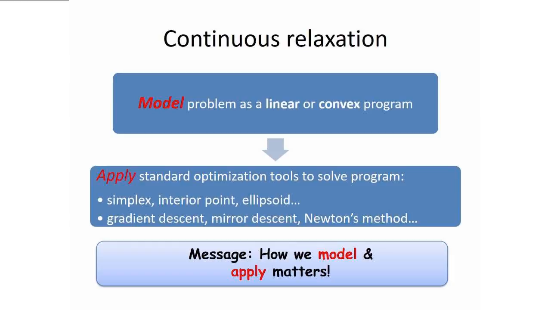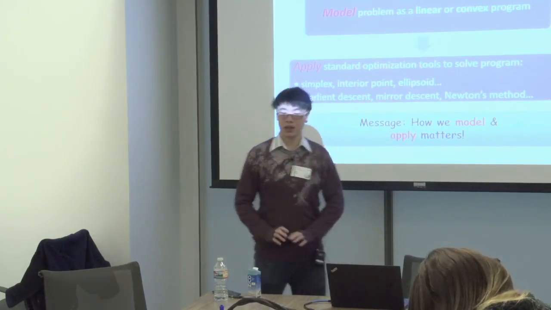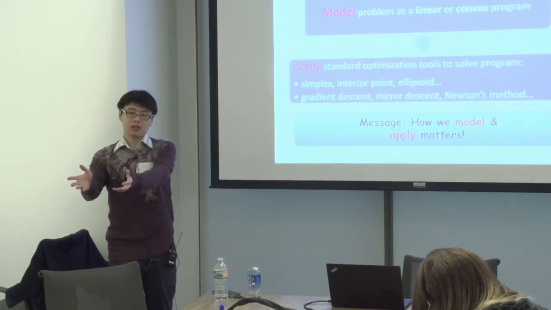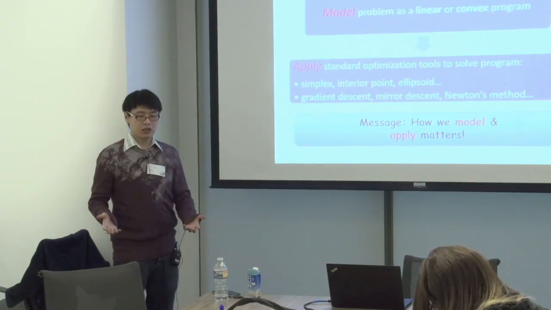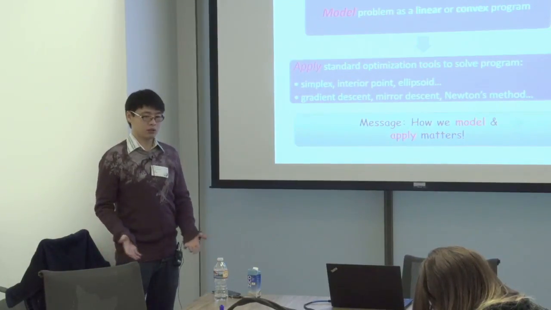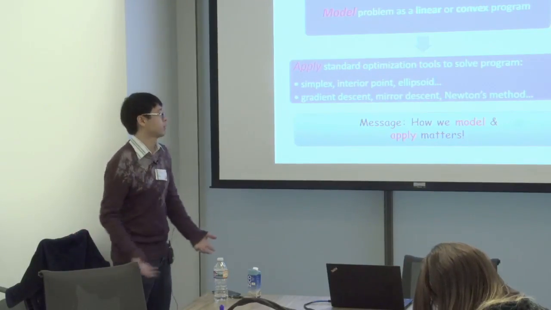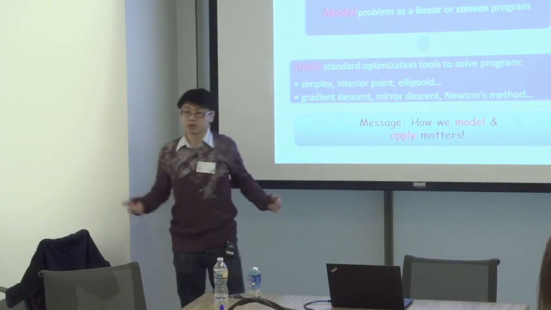So you have all these linear and convex relaxations, and the message that I want to get across today is, if you are given a problem, it can actually make a huge difference how you model your problem as a convex or linear program, and how you apply one of these continuous methods.